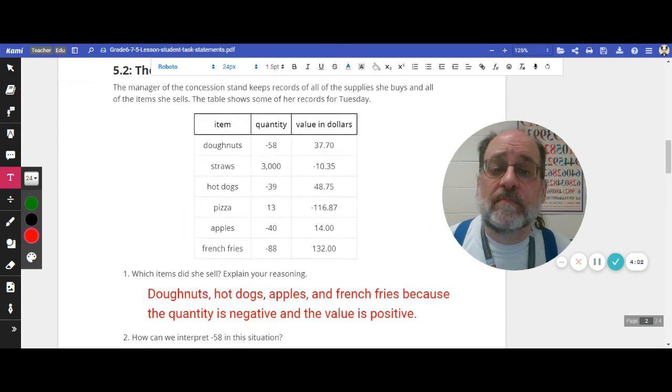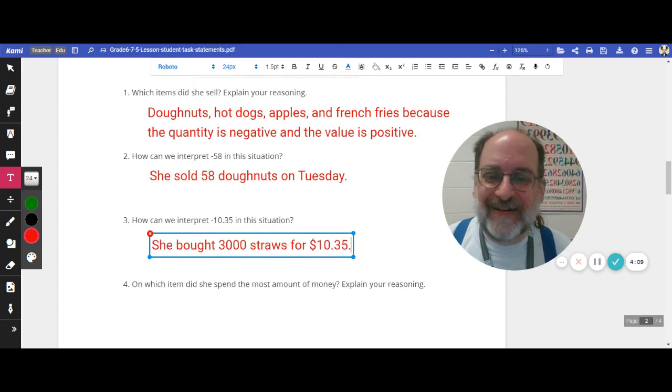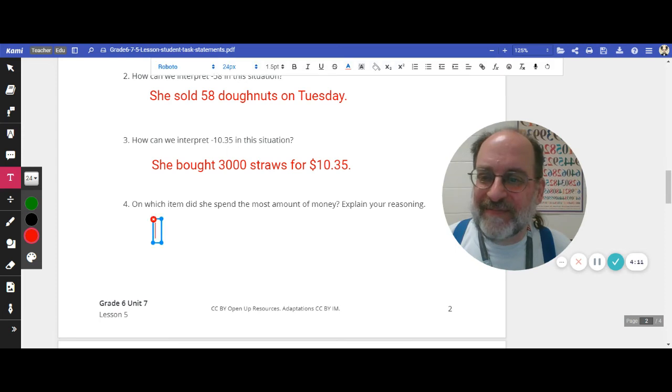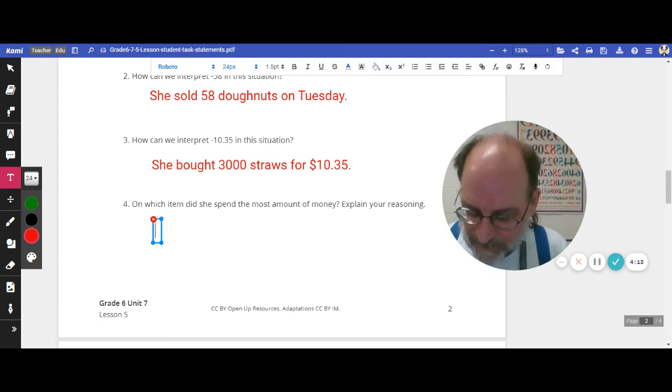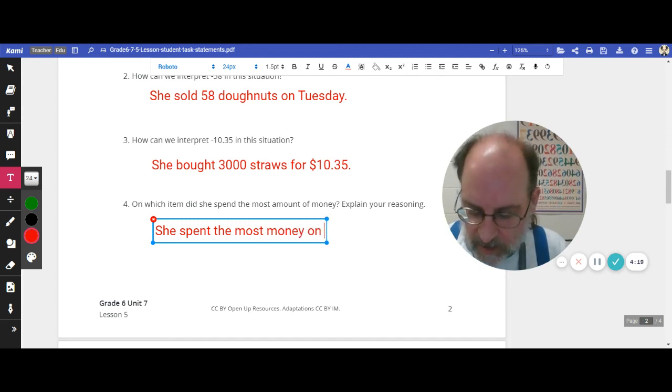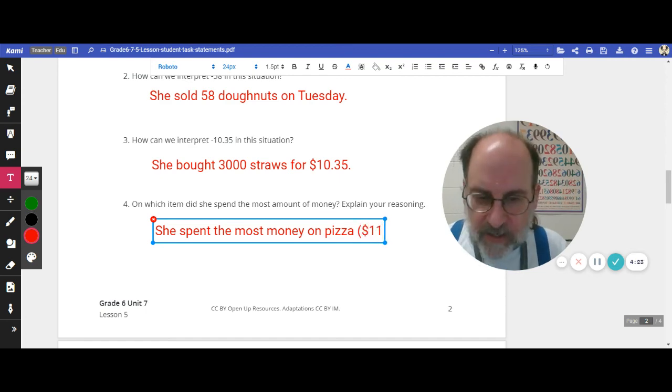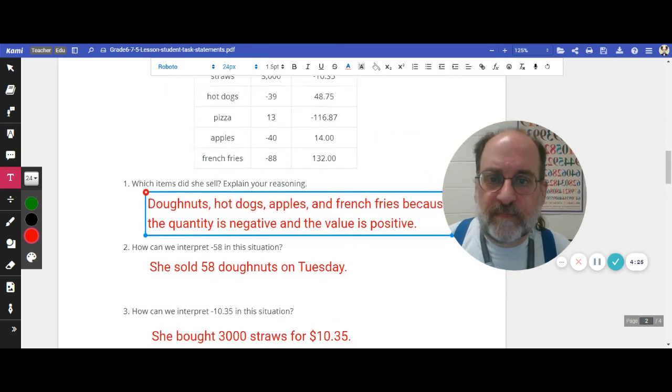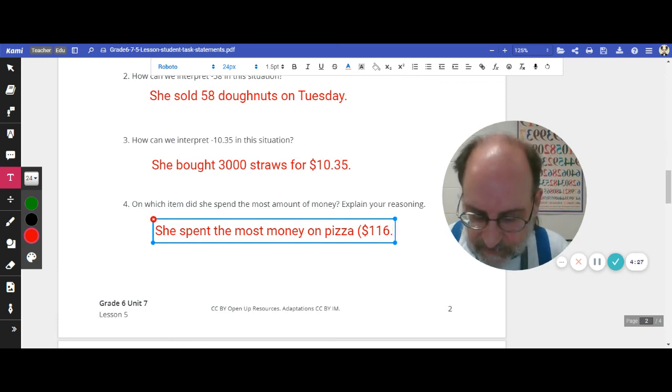Oh, ignore everything Dr. Schlater just said. Oh my goodness. No, it's right. It's right. So, no, I was right. Ignore what I just said to ignore. She spent the most money on pizza, $116.87.